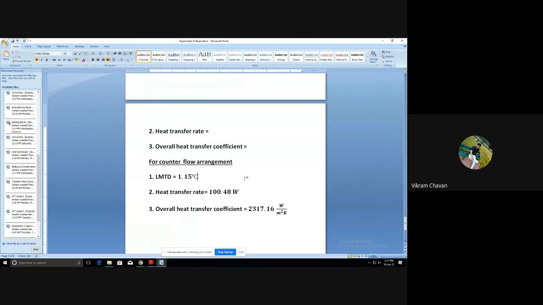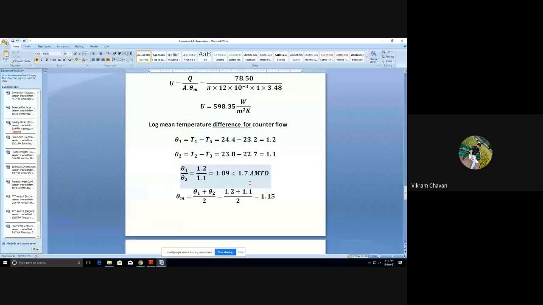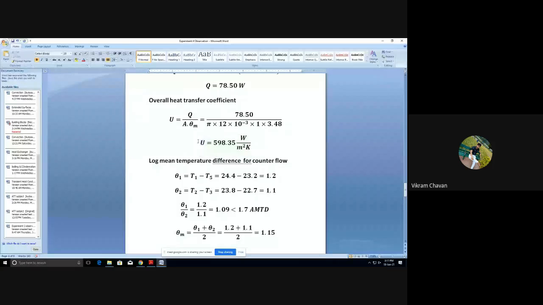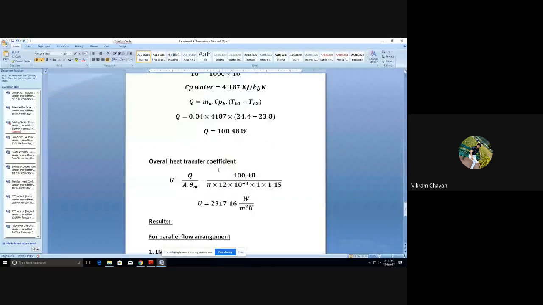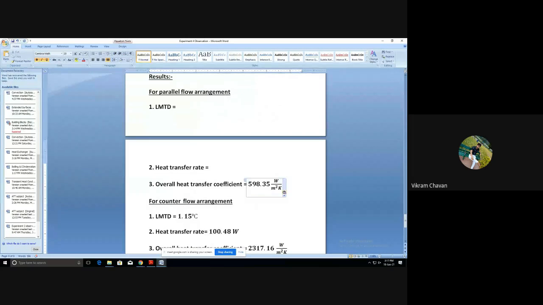Then similarly, U for parallel flow is 598.35.